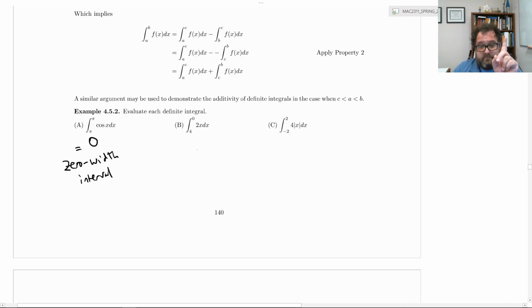Let's think about this. Let's just draw a picture first. So here, we have 2x. That's a slope of 2 and a y-intercept of 0. So it's a line that basically looks like that. Now, 0 to 4 is the region we're concerned with.